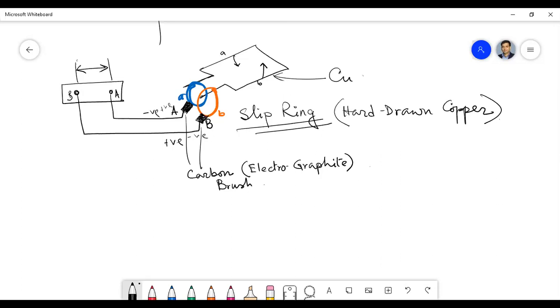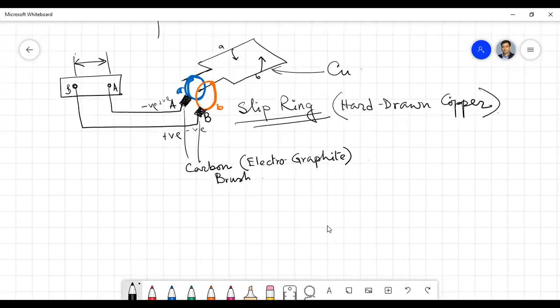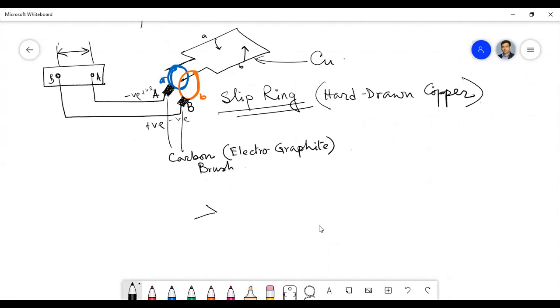Okay, so anyways, here we don't need this arrangement because we need the rectified voltage waveform, not the sinusoidal voltage waveform. So here I discussed if I want sinusoidal voltage waveform at the output, then what should we do?